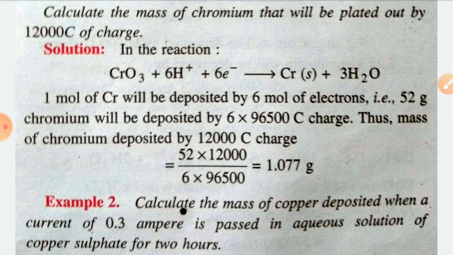Here 52 is the molar mass of chromium, 52 gram per mole. So on passing 6 into 96,500 coulomb of charge, the chromium deposited on the cathode is 52 gram.